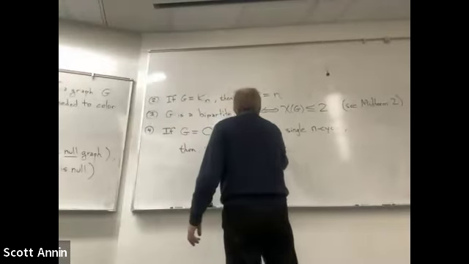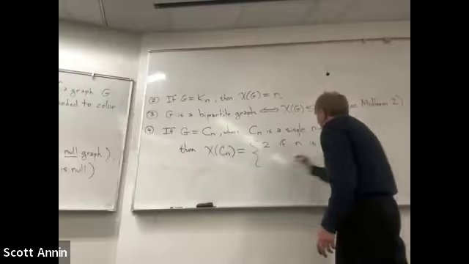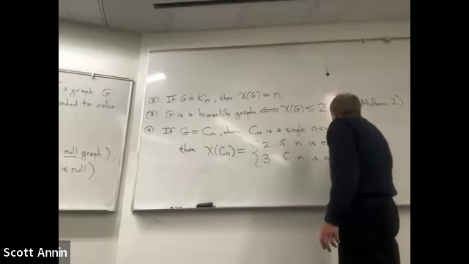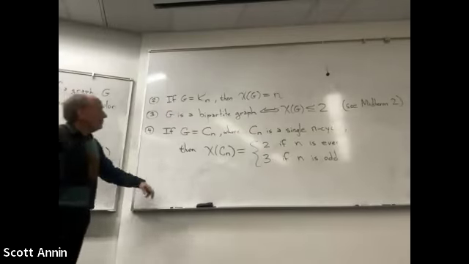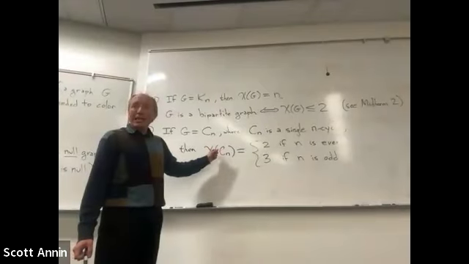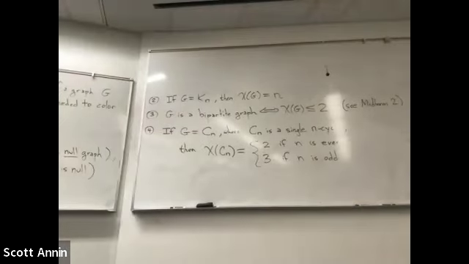So this one is 2 if n is even, and it's 3 if n is odd. So that's another nice example. You could use that to prove that the cycle graph on an even number of vertices is bipartite, because in that case, you're only using 2 colors. Kind of makes sense, okay?